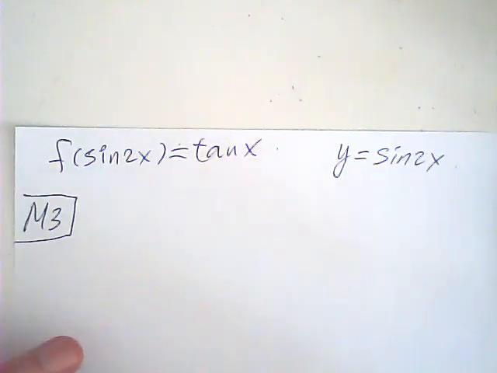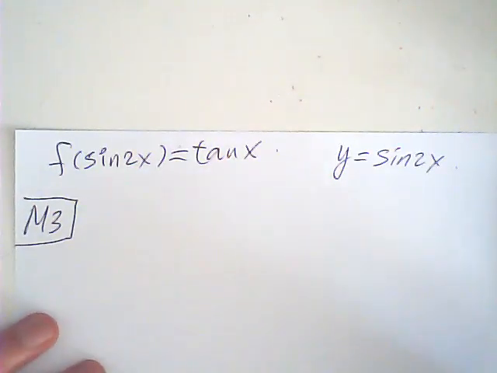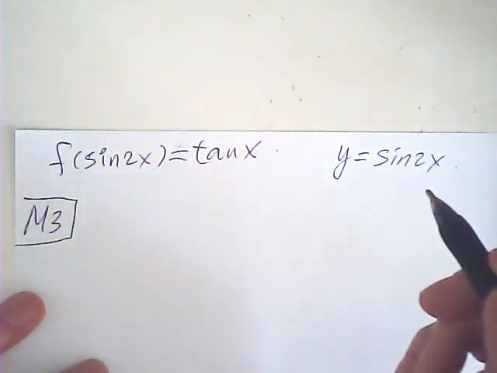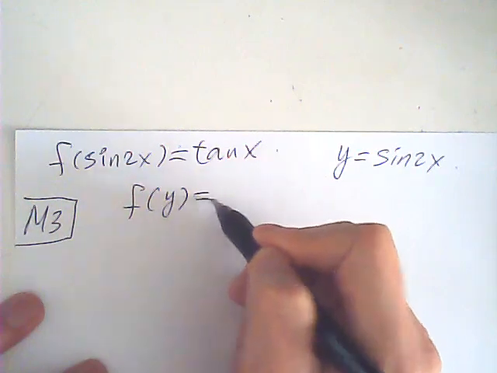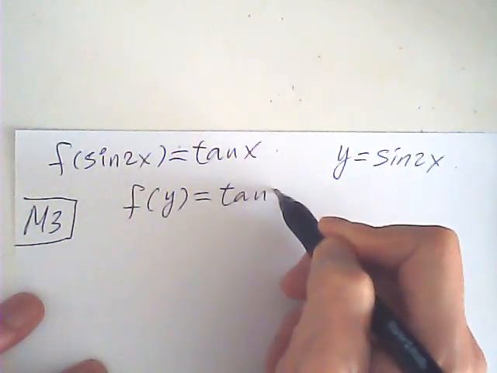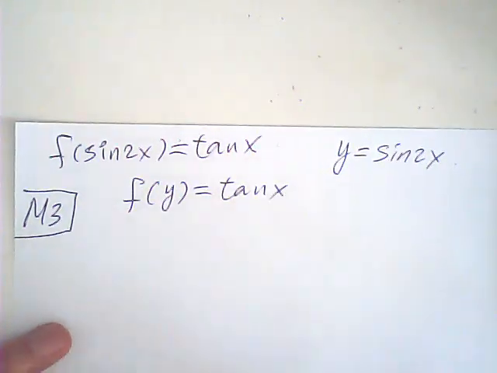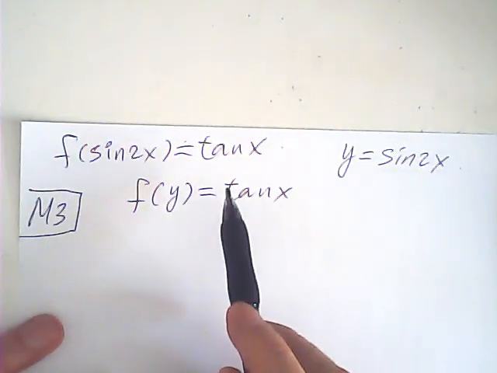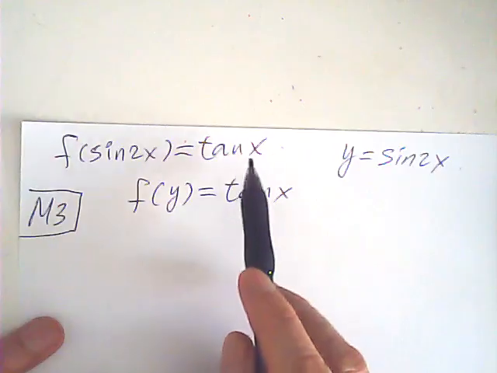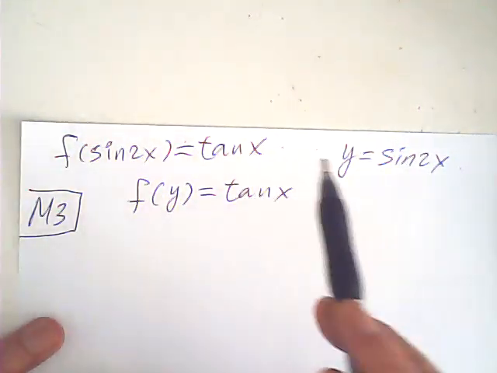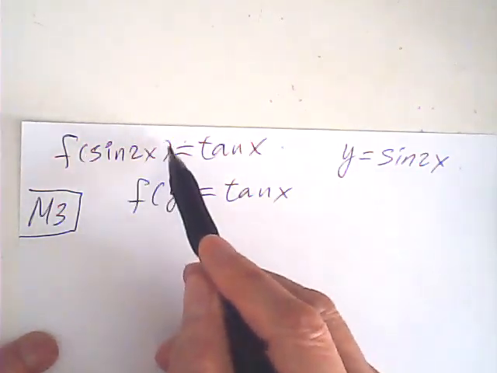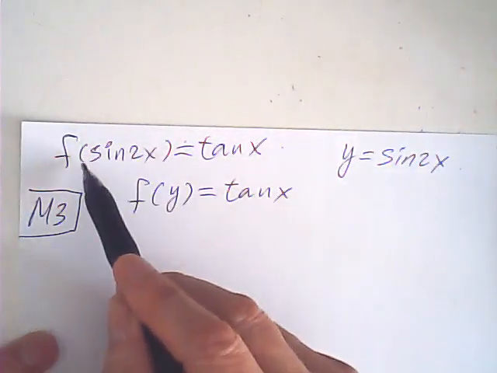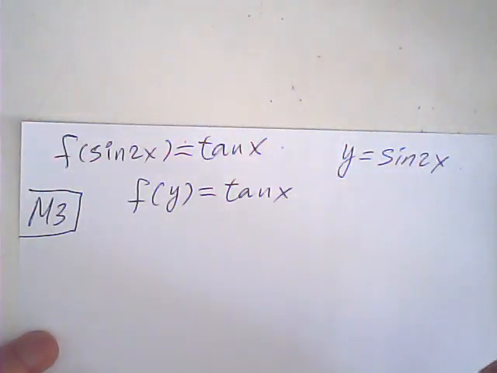Now this time I'm using differentiation. So f of y is equal to tangent x. Now then I'm taking the derivatives of both sides with respect to x. So taking the derivative of this one with respect to x, you have to use the chain rule.